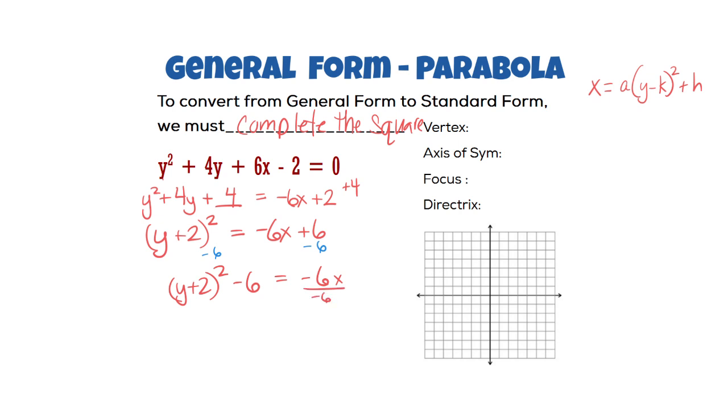Now, this is a little bit weird, but you've got to take each part and divide it by negative 6. Now my x is isolated, and just so that it'll look more like this, I'm going to put my x on the left side because it's now isolated. So I have x equals.